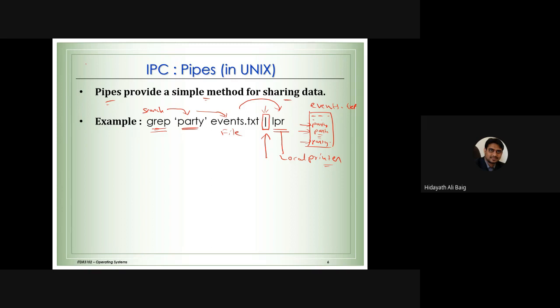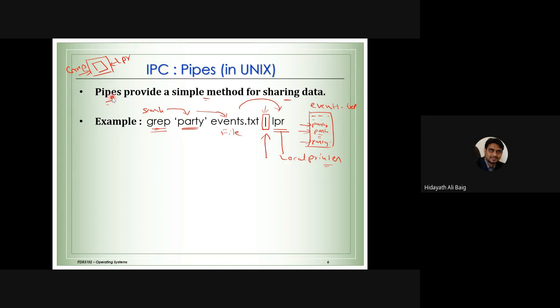Okay, now there is a common memory between two commands, grep and LPR. Grep will search and put the data onto this memory, and the printer is going to take the data from this memory. So grep and LPR, the local printer, are going to share the same memory. If you understand this concept, this is actually data sharing.